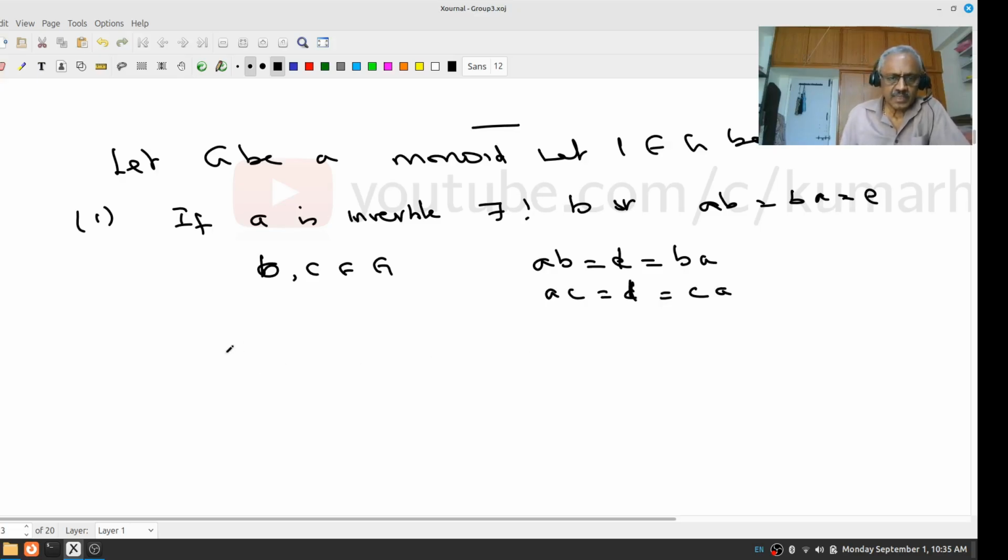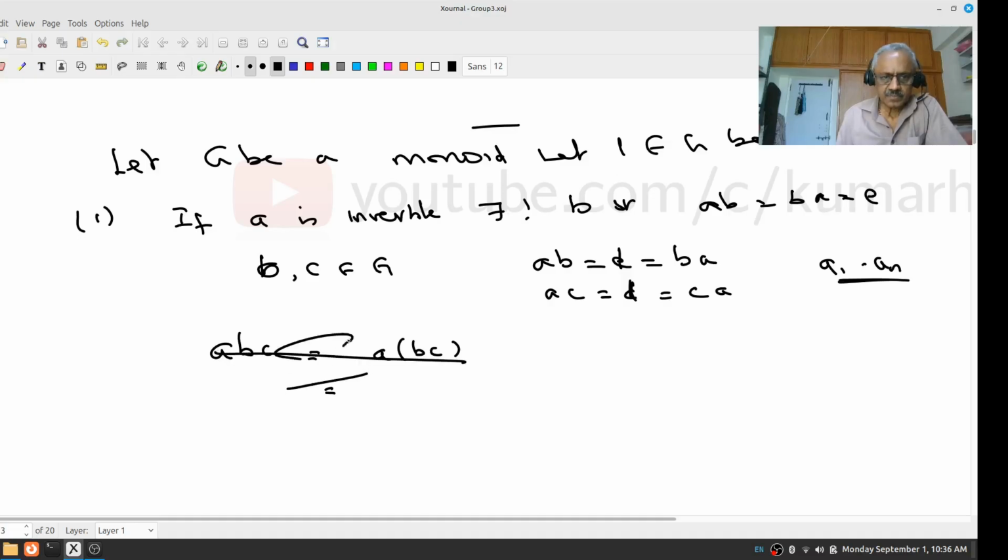Then let's look at this product. Notice that it is well defined. Given any A1 to AN, the generalized associative law says there is a unique element A1 to AN. I want to consider BAC. Thus, I can group it as B times AC using the associative law.